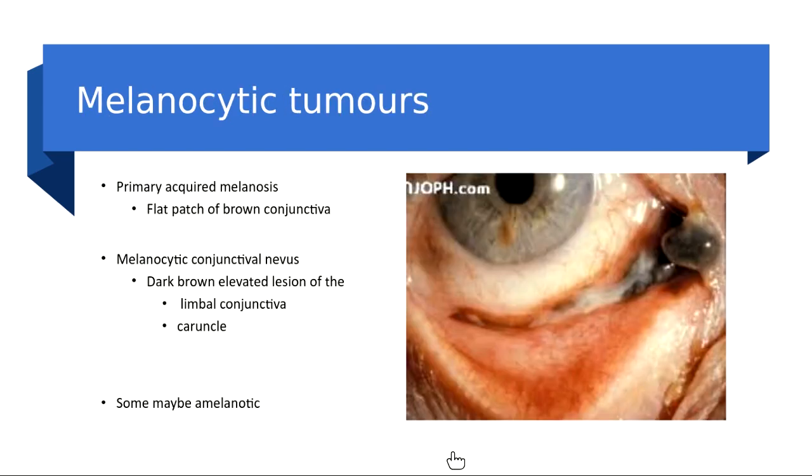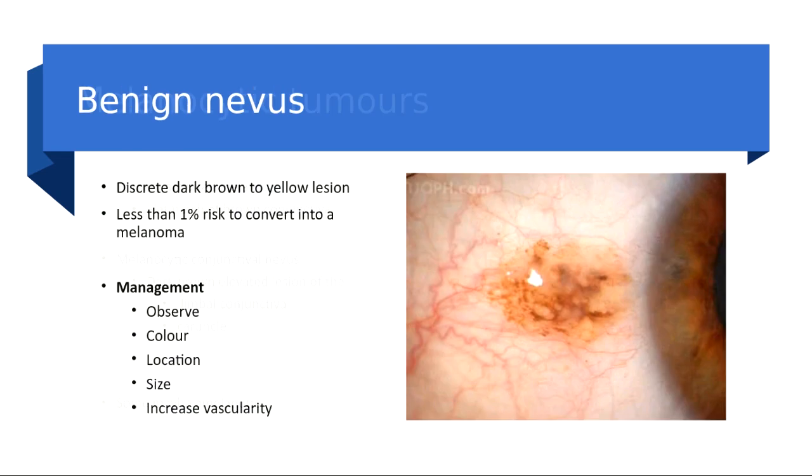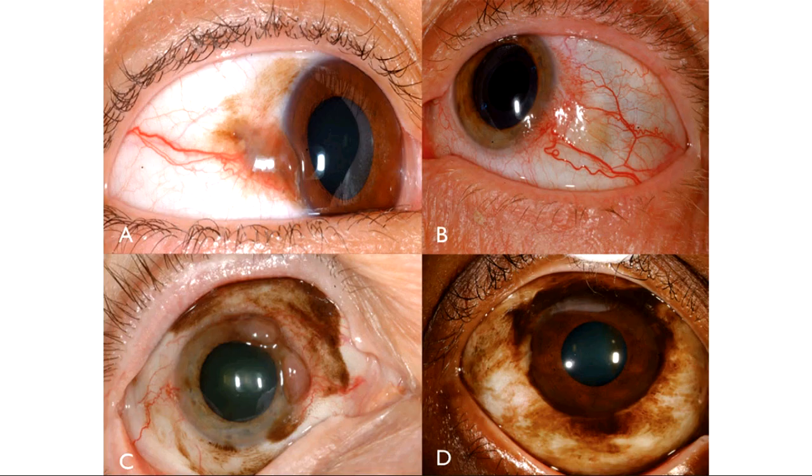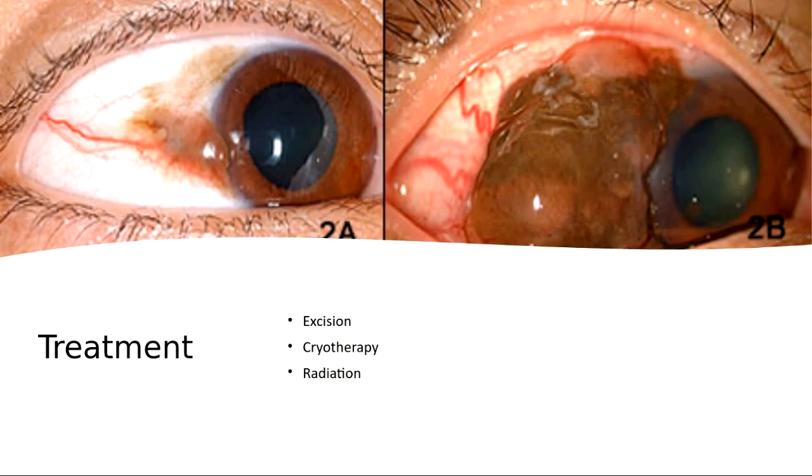Melanocytic tumors can also metastasize. So we have to make sure we check our lymph nodes, and make sure we're not just treating the eye. Must always remember it's a patient, so you have to ensure life first, okay?